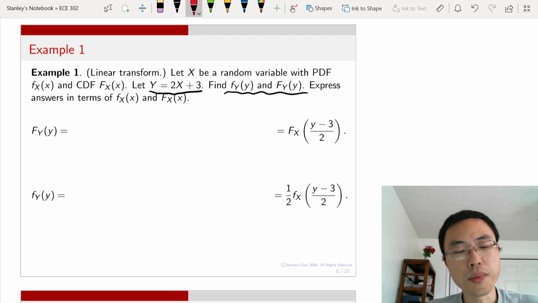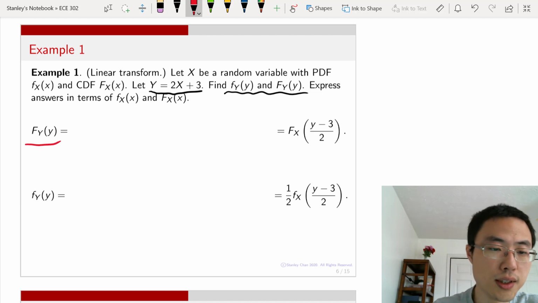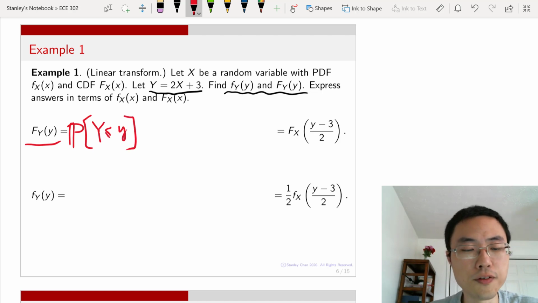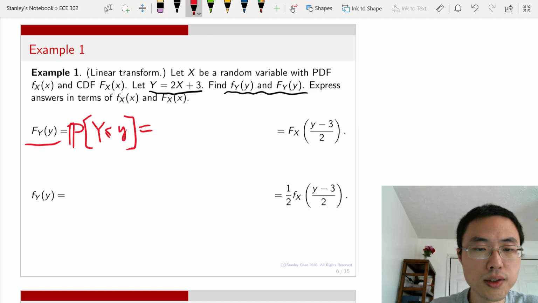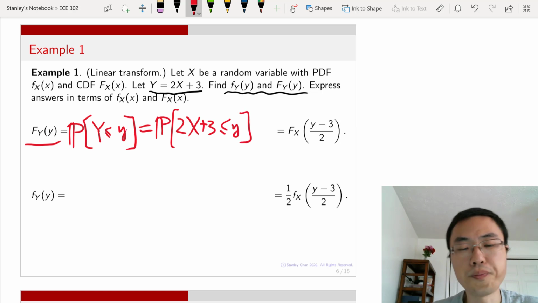The CDF of y, which is defined as this, is really the probability that y is less than or equal to small y. So that's the definition of a CDF of y. And then what is it? Well, this is the probability that your 2x plus 3 is less than y, right?